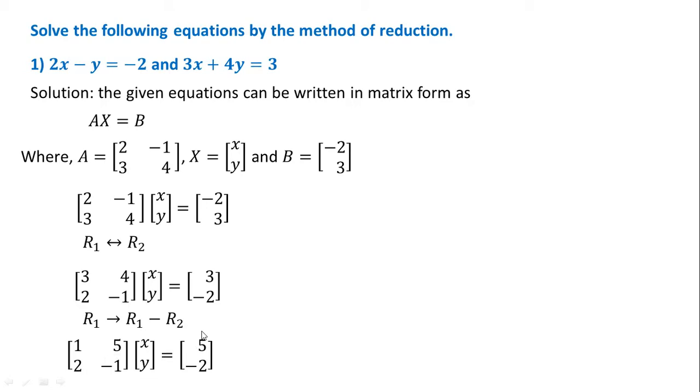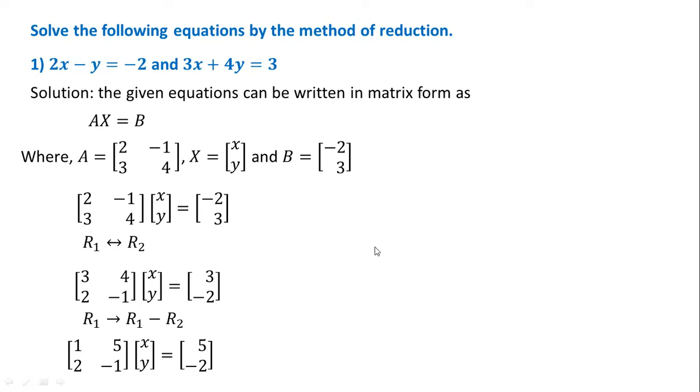On the right side, 3 minus minus 2, that is 3 plus 2, which is 5, and minus 2. After getting 1 here, it is very easy to get 0 below. Our main aim is to get 0 here, but before that we make 1 here, and for that we interchange R1 and R2, then R1 changes to R1 minus R2. These two are extra transformations to get 1 here.